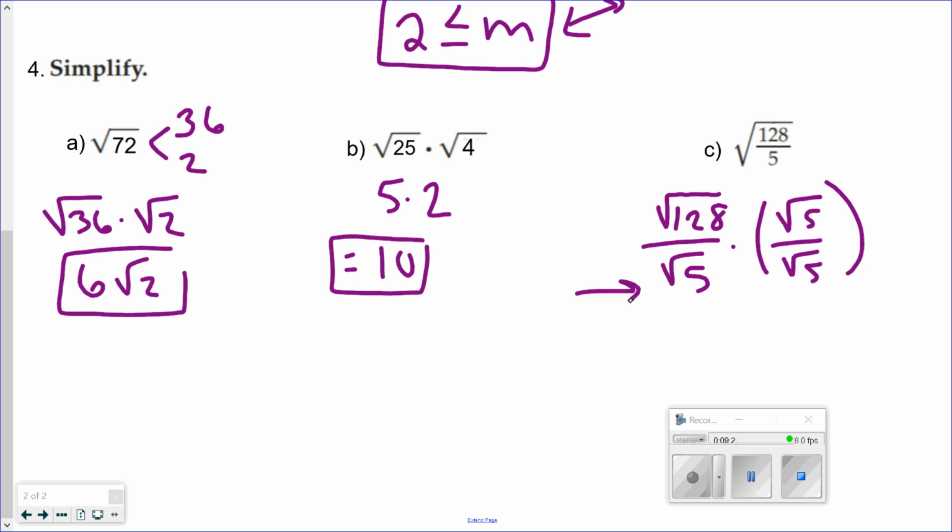The reason being is because now if I do the square root of 5 times the square root of 5, I end up getting 5. So in the numerator, I have the square root of 128 times the square root of 5 all over 5.